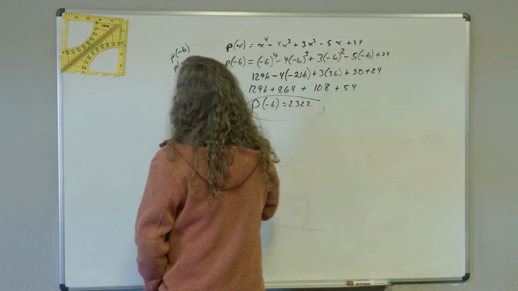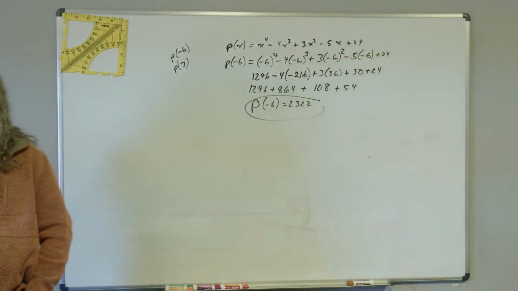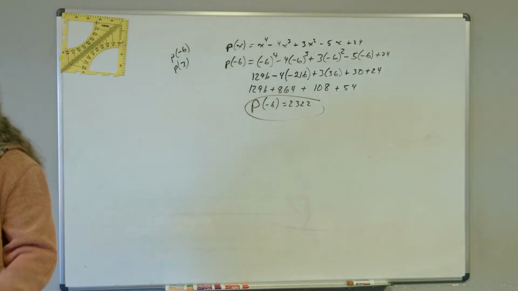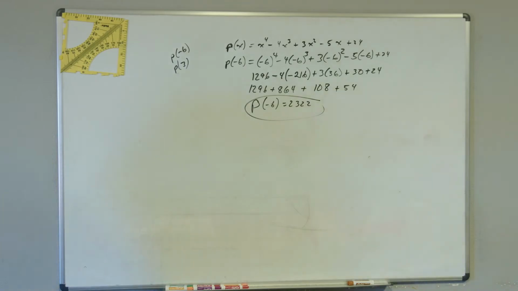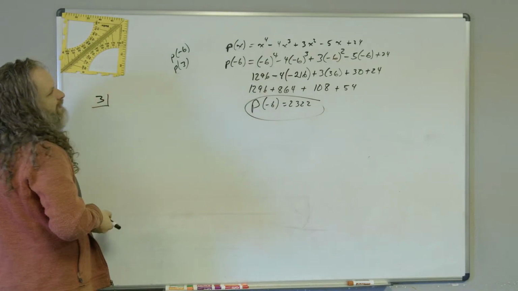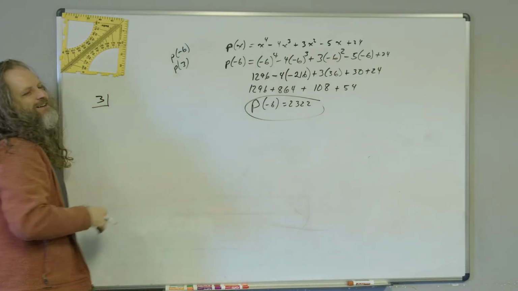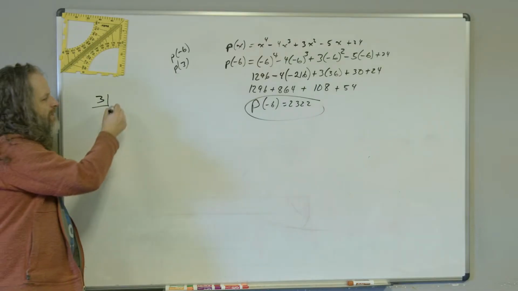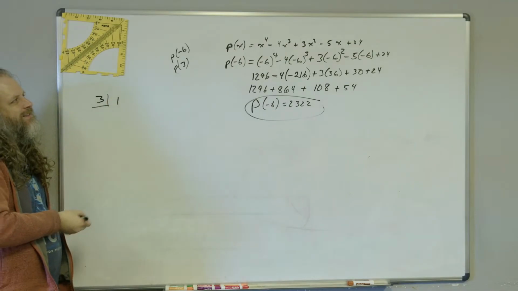Just to remind you, how would we find P of 3 using synthetic substitution? Y'all remember from the last unit? You put the 3 in the little box, and then what's going to go over here? 1, -4.